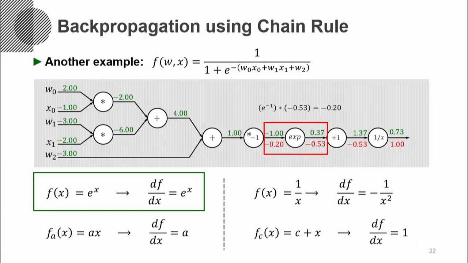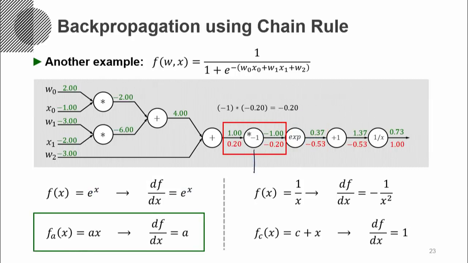Then moving on to the next step, this node is this function, and its derivative will be the same. If we plug in this value of minus 1, which corresponds to this x value, we obtain e to the power of minus 1, which is further multiplied with this value, and the resulting value will be this value.